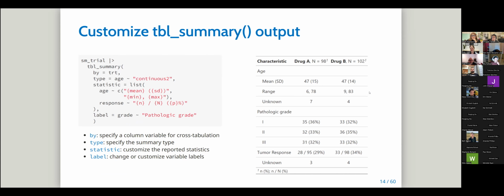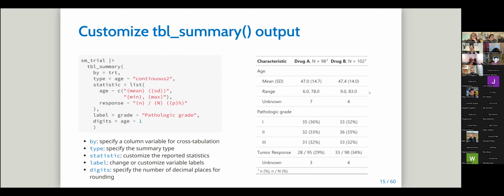And I think once it's down to 1 digit, then it adds 1, and if it's 0, then it adds 2 after the decimal place. But you can change it however you want, and each variable can be different. So here I've said I want age to be 1 decimal point, and now I have that in both the range and the mean and standard deviation. You can change it for categorical variables too, if you want more digits on your percentages.